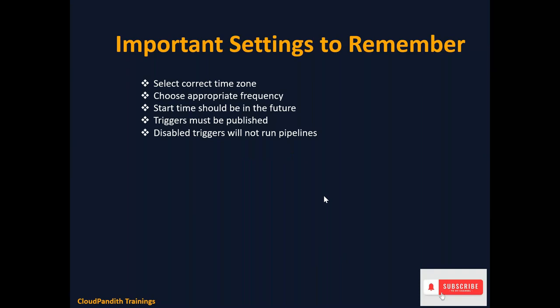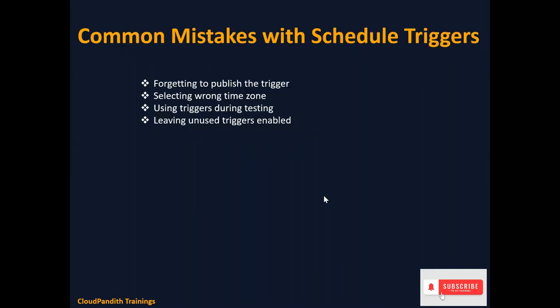After publishing, you need to see whether your trigger has started or failed, in which case it will go into the stopped status. For example, you don't have proper permissions to set up an event based trigger or storage account access. In such cases, when you publish, it will go to stopped state. It will not throw any error. So that's why these are very important settings you need to remember.